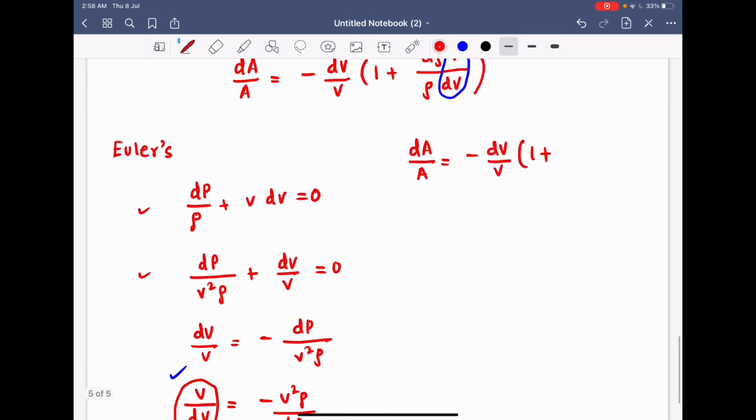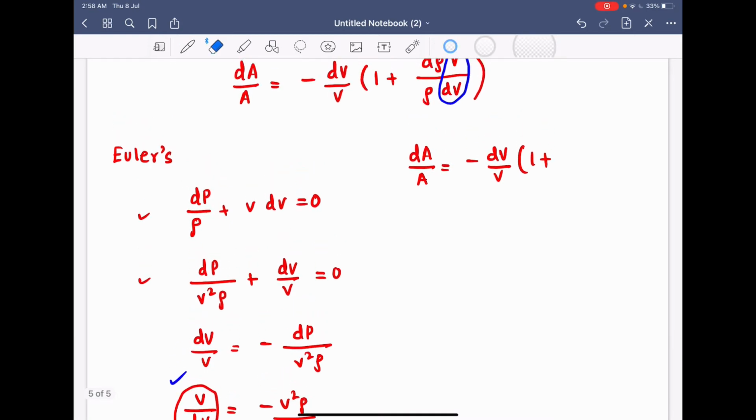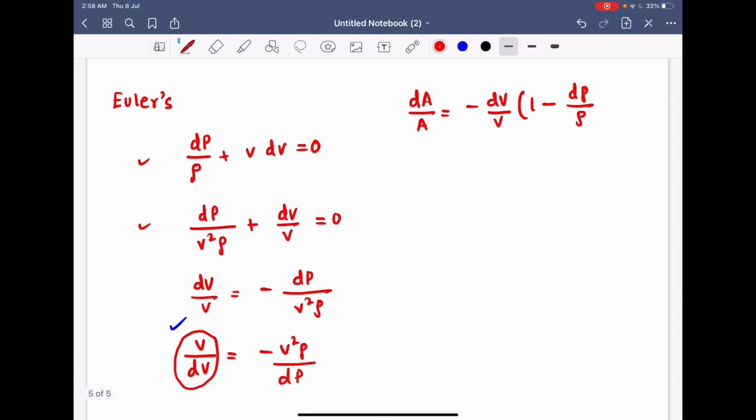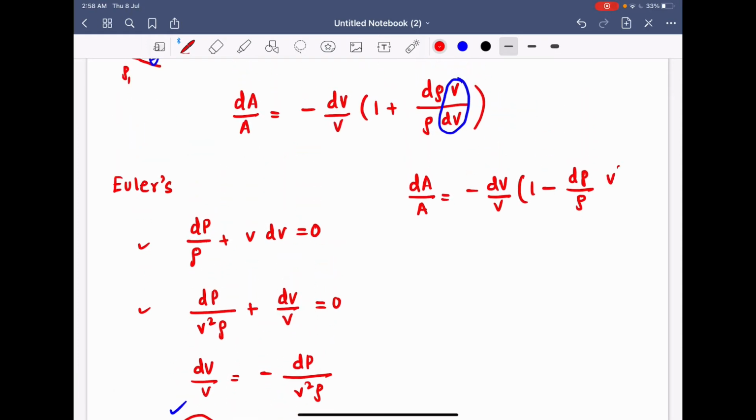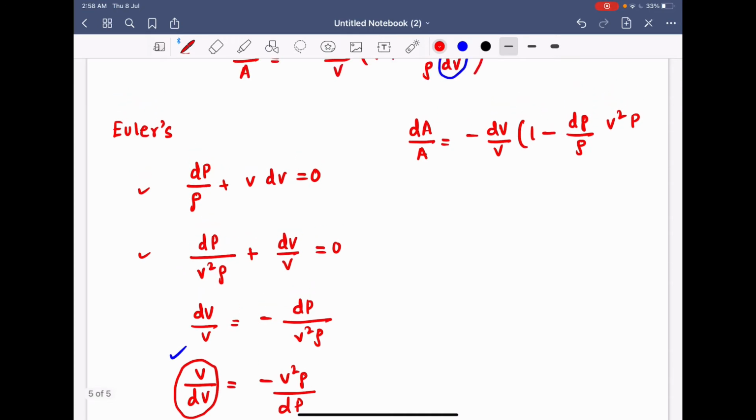Keep patience, guys, we'll be done with the derivation in quite a few seconds only. So over here I can see that this will be equal to d rho by rho, V by dV is V square rho by dp. Okay, V square rho, so that is not p, my bad.